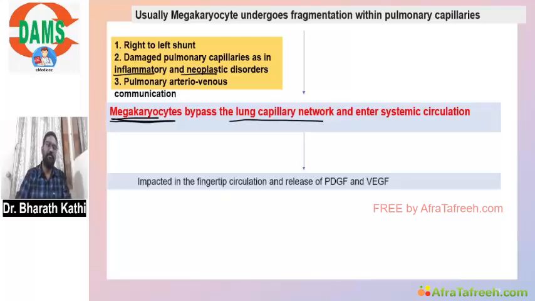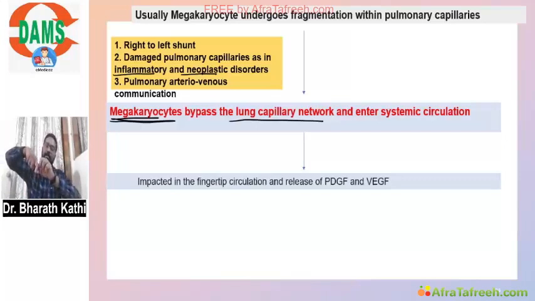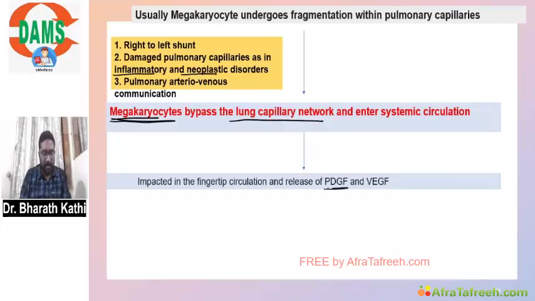circulation. Because of that, all these big platelets come and get impacted in the peripheral circulation, especially in the fingertip circulation, so fingertips and also toe tips. Because they are big platelets, they produce substances: platelet derived growth factor and vascular epidermal growth factor.